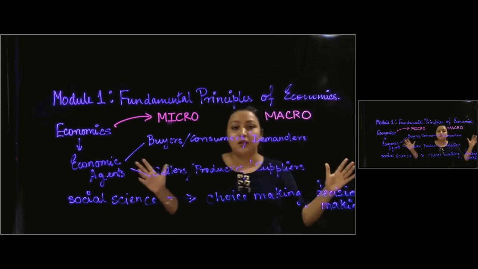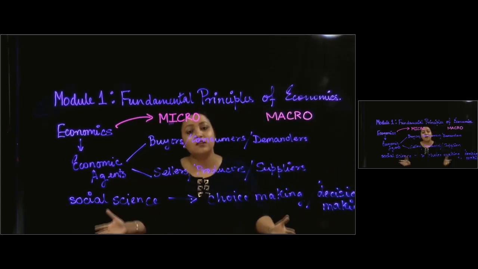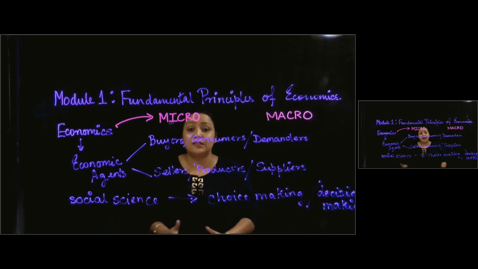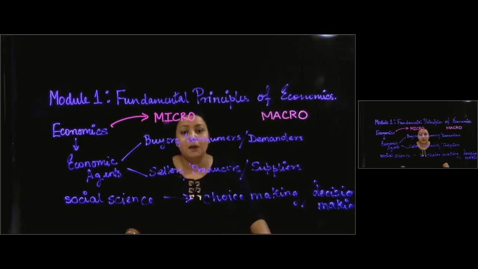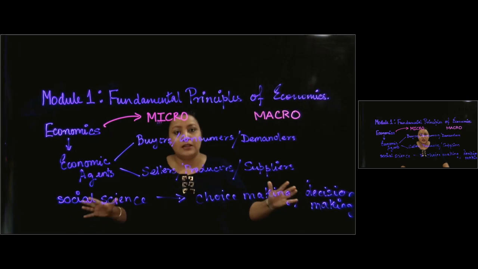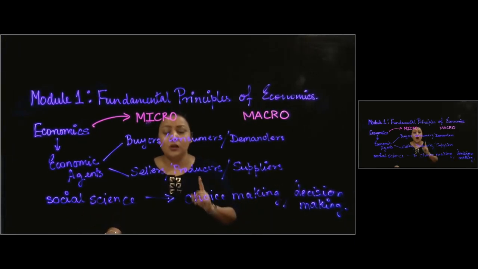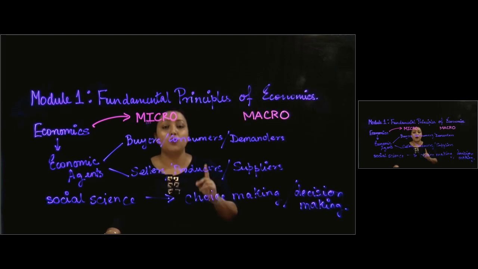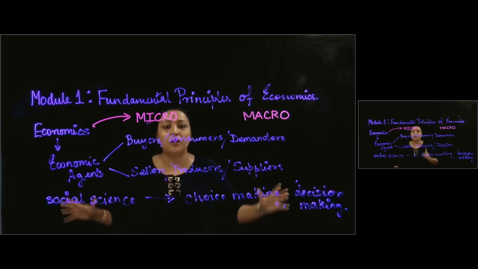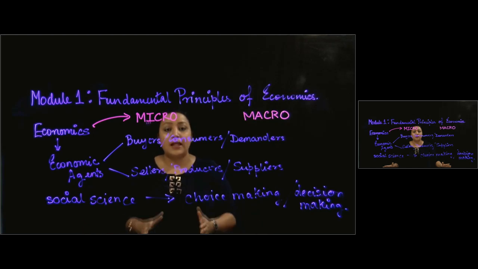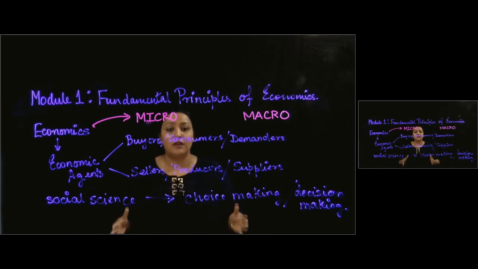We are dealing with something big. So macroeconomics is basically looking at that same decision-making process, but in a bigger picture. That means we are no longer worried about one individual, we are no longer worried about one economic agent, but we are looking at all economic agents coming together and their decision-making process as a whole.